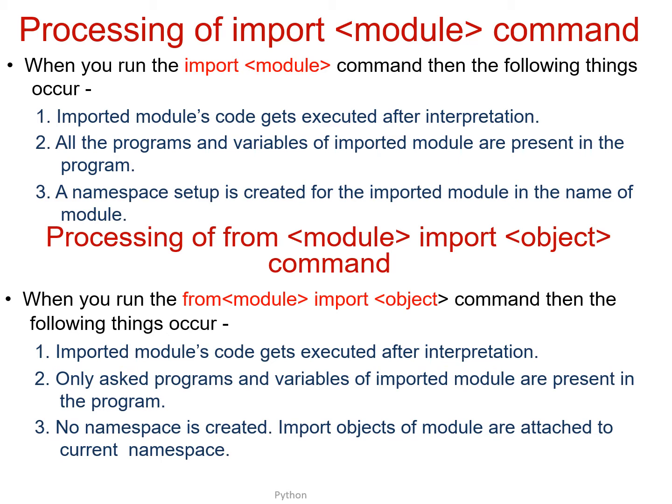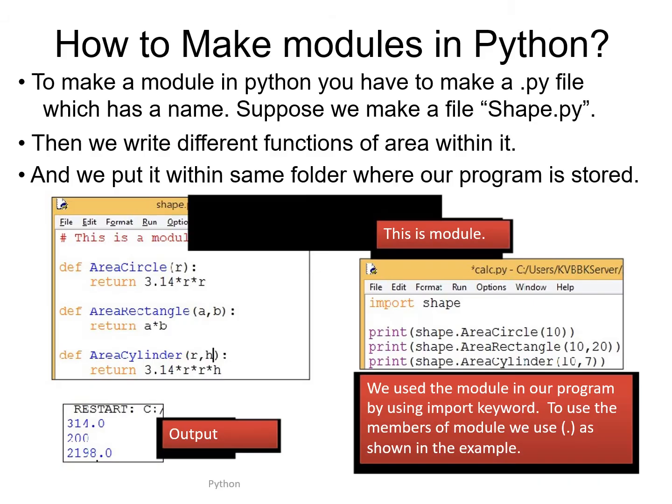It means the function's name. If we want only two functionalities of that module, then we write from module name import functionality1, functionality2. Then only two functionalities out of 10 will be included in our current program.